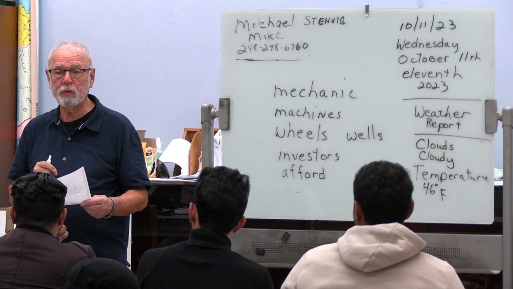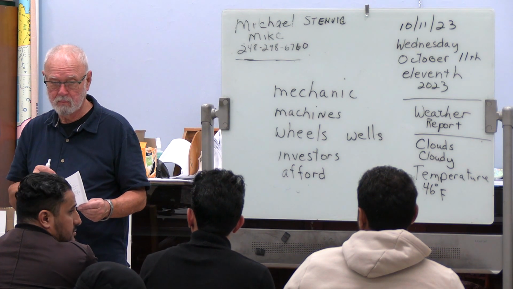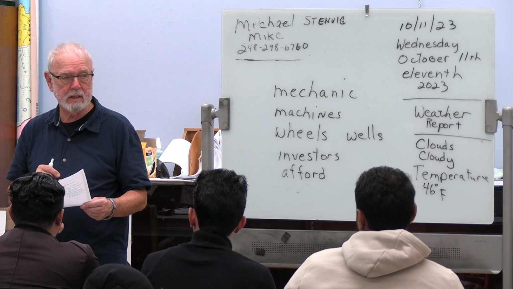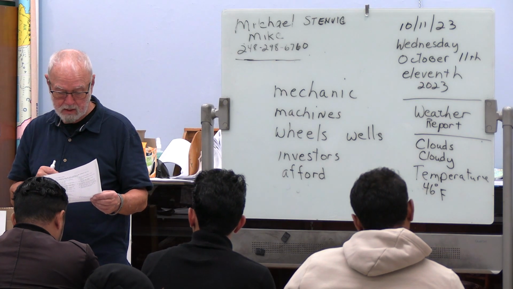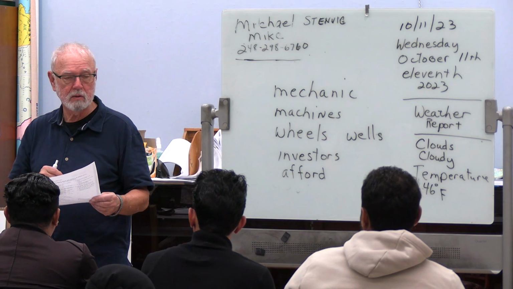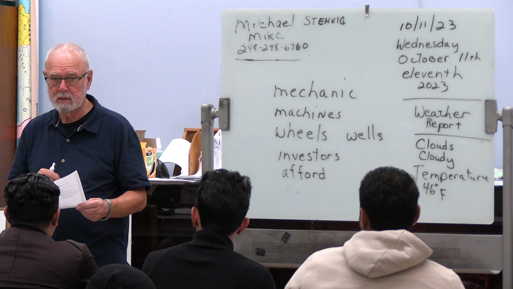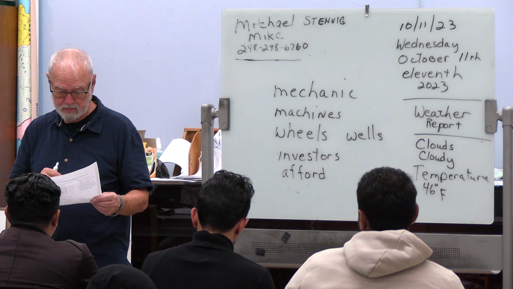Probably $2 or $3 a day. That's what workers would make. So how many days would you have to work to buy this car? A lot of days.